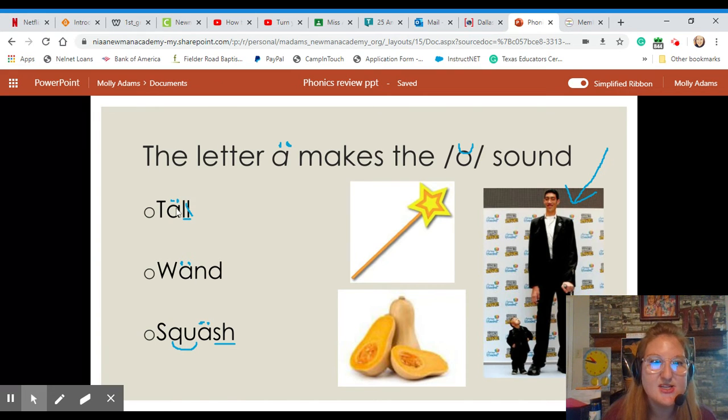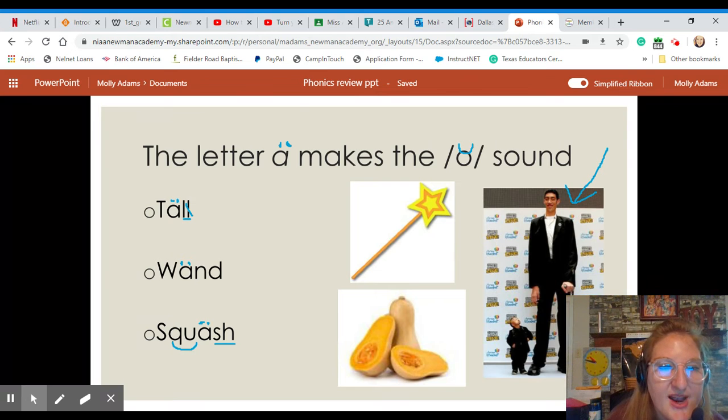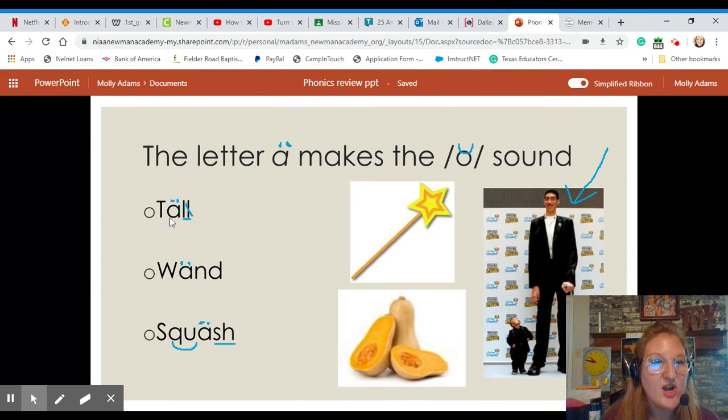So since tall has a short vowel sound, aw, and it ends in the l sound, then we have 2 consonants. We have to double the L. So we need to underline our floss letters and cross out the second because we only need 1 sound. We don't say tall-l, we just say tall. Okay, so the A-aw sound goes with the sound ul.